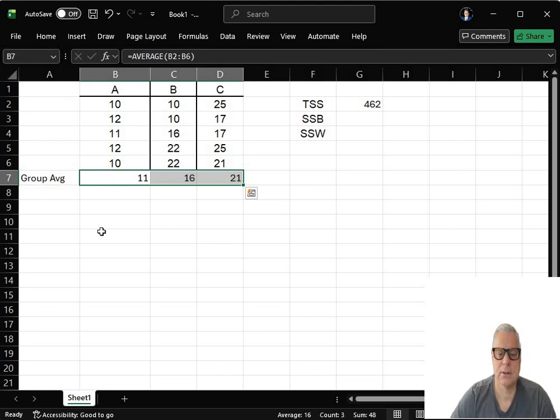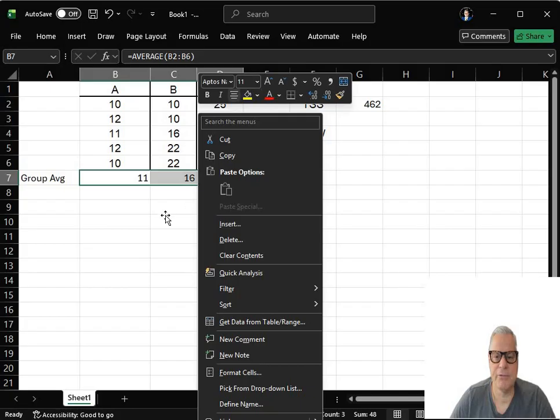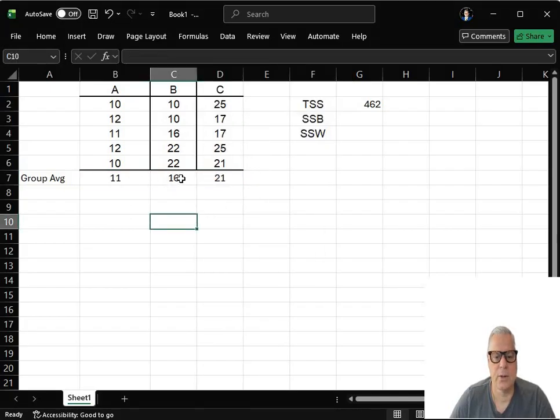And let's copy that to the right. So then we have 11, 16 and 21.